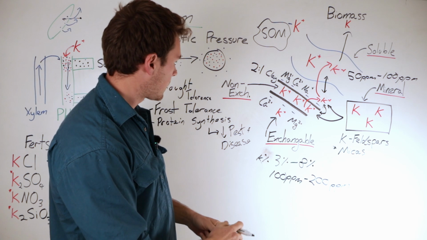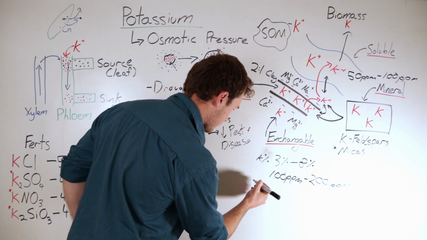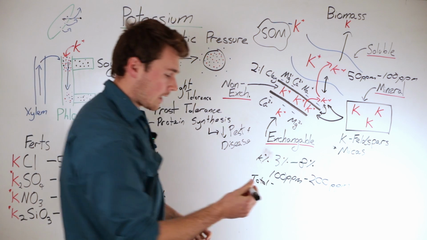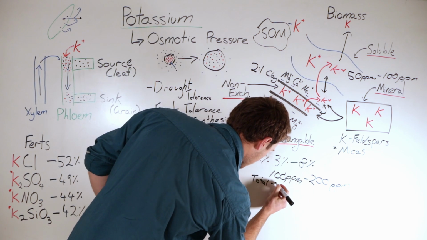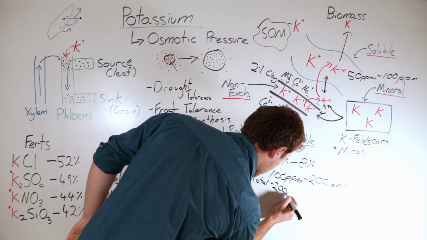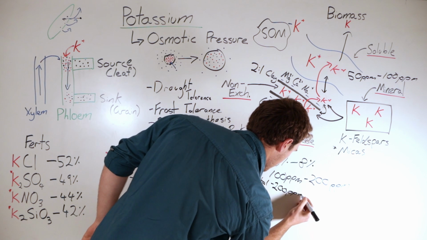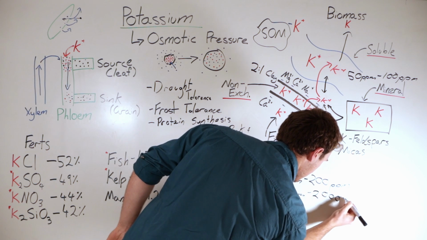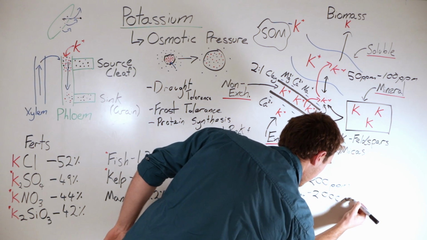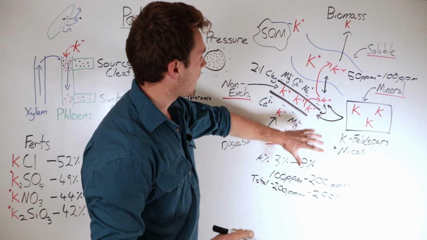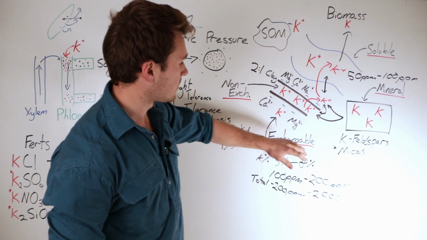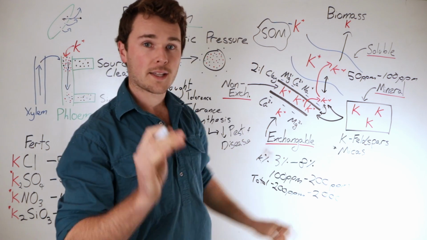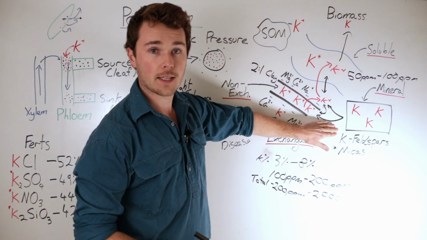On our totals, we're typically looking at anywhere between 200 parts per million in a sandier soil, all the way up to 2,000 parts per million in a heavy clay. Again, this only considers the non-exchangeable, exchangeable, some of the micas, and the soluble. What it doesn't consider is the K feldspars.